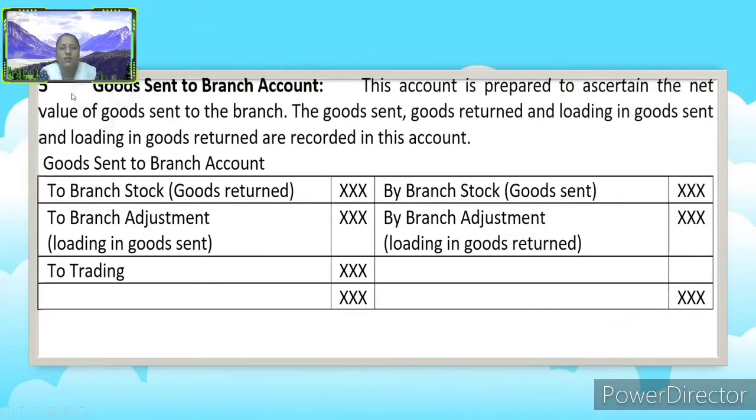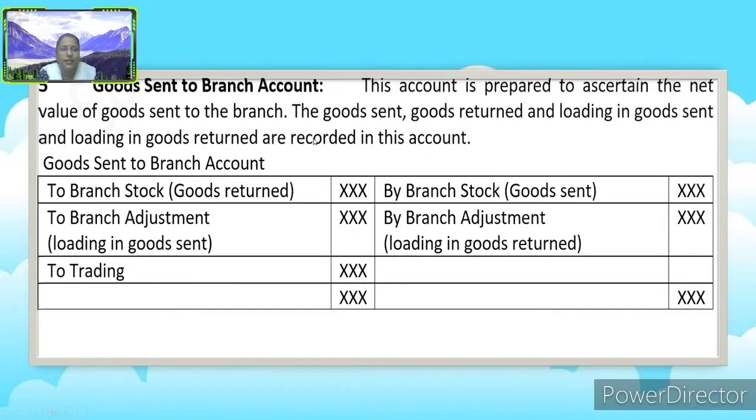The fifth most important account is the goods sent to branch account. This account is prepared to ascertain the net value of goods sent to the branch. The goods sent, the goods returned, and loading in goods sent and loading in goods returned are recorded in this account. My dear students, in this account we record the goods sent, goods returned, loading in goods sent and loading in goods returned.